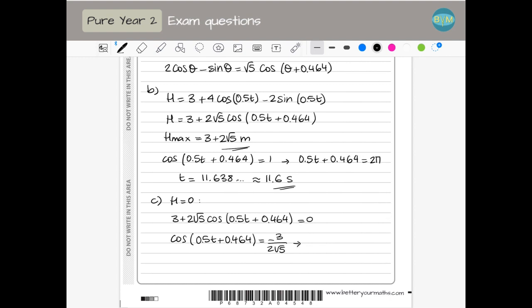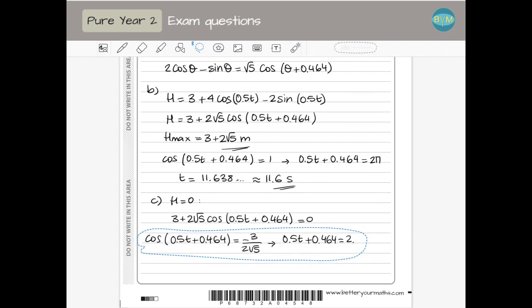I find that 0.5t + 0.464 is 2.306, and the next value is going to be 3.977. But those are my values for this whole expression, so I need to find t. So I'm going to subtract 0.464 and divide by 0.5.